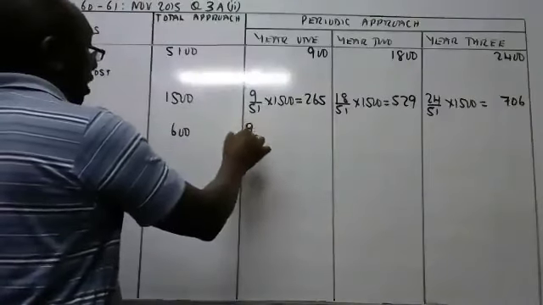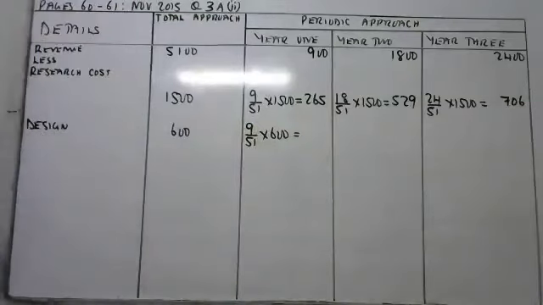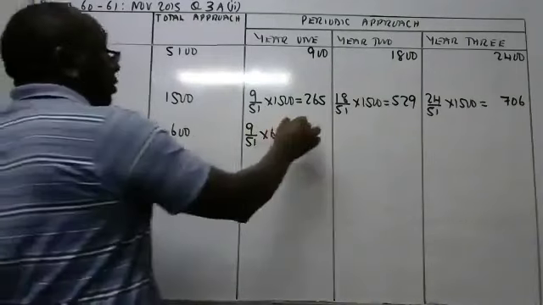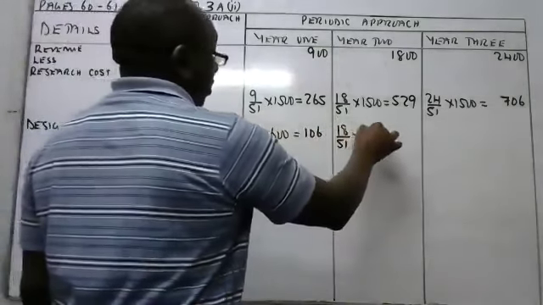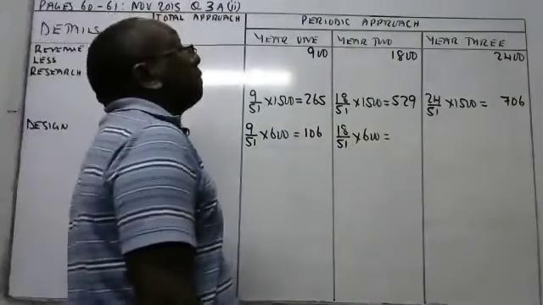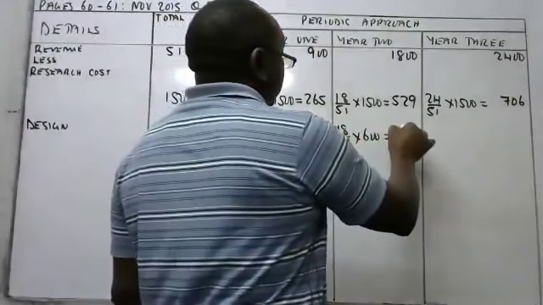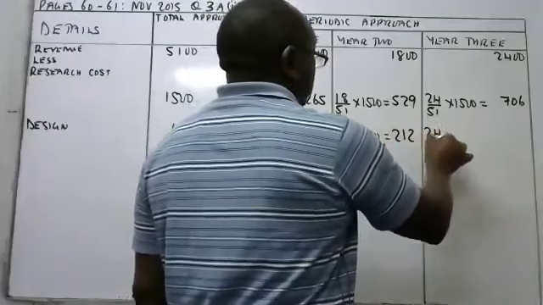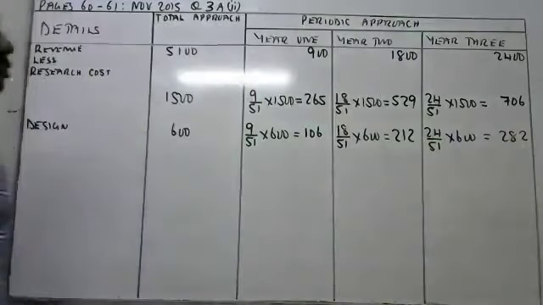So 9 out of 51 times 600 is 106. 18 out of 51 times 600 is 212. And the last one is 282.